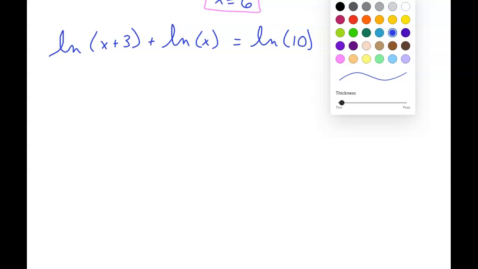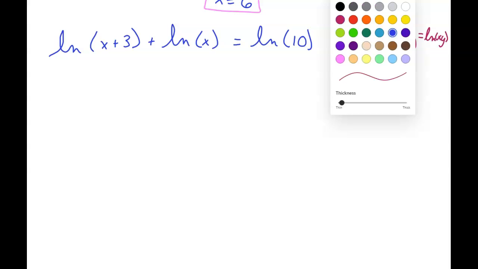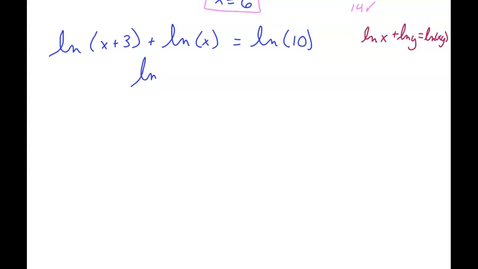And we had one property that said if we had natural log of x plus natural log of y, we could put these together using multiplication. So we'd have natural log of x times y. So I'm going to put these two together using multiplication. So I will get natural log of x plus 3 times x is equal to the natural log of 10.